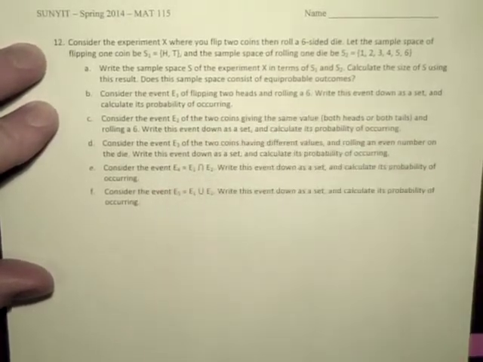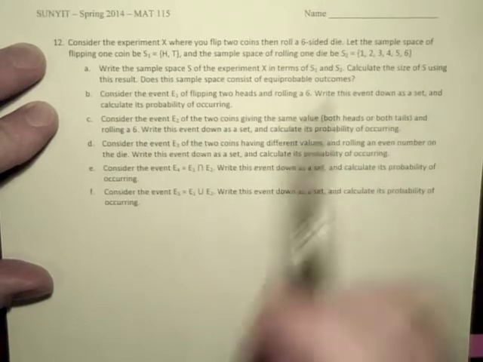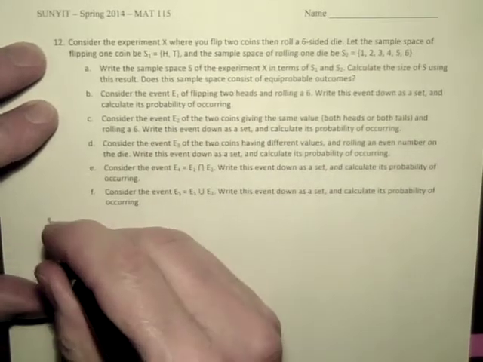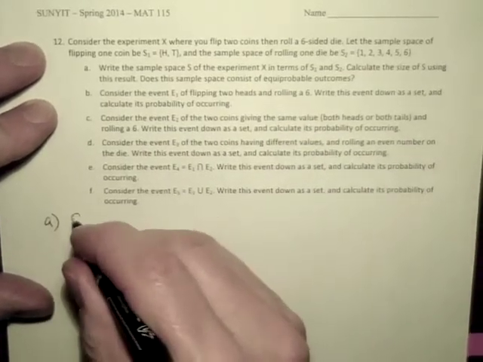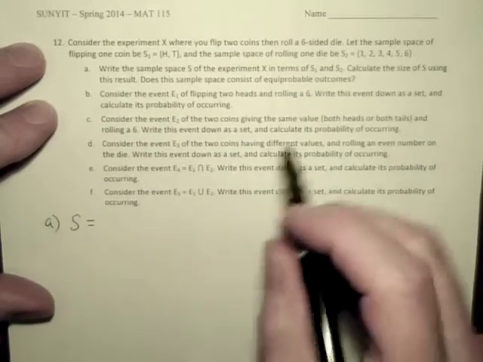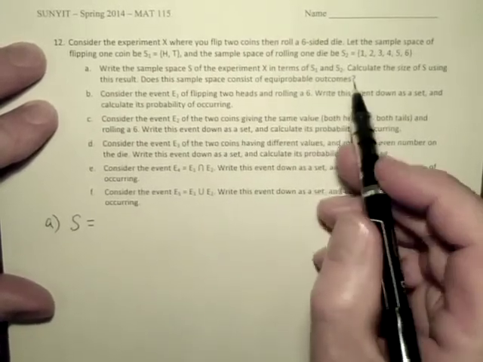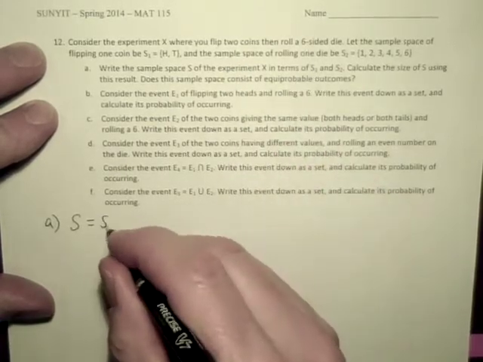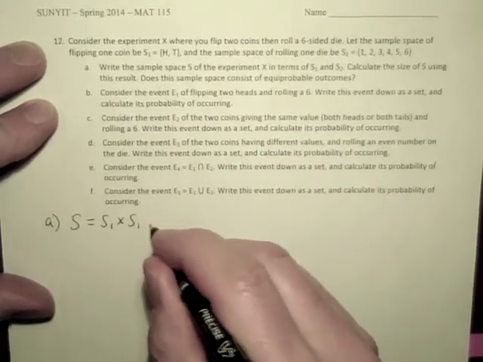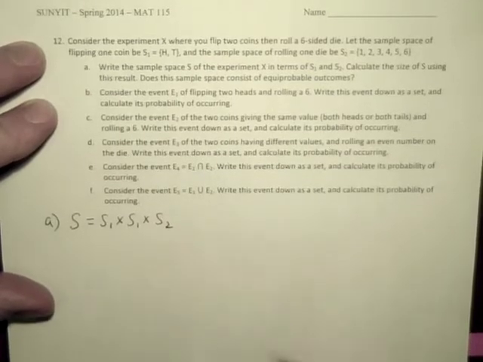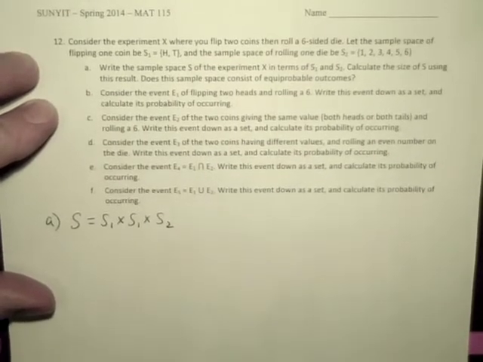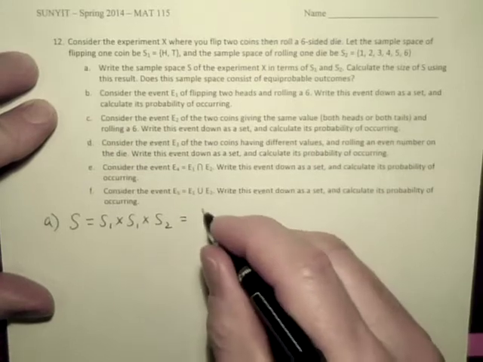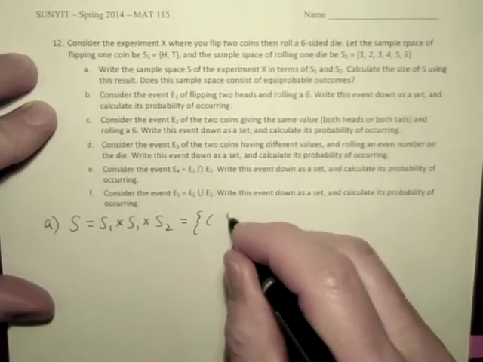Does it consist of equally probable outcomes? Yeah, if they're fair dice and fair coins. So part A is to write S in terms of S1 and S2. Well, I flip 2 coins and roll a 6-sided die. So it's S1 cross S1 cross S2. And so this is the set of all triples.